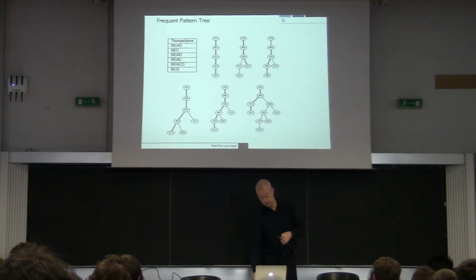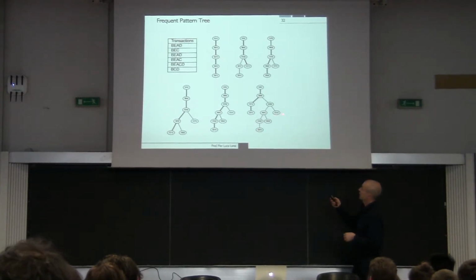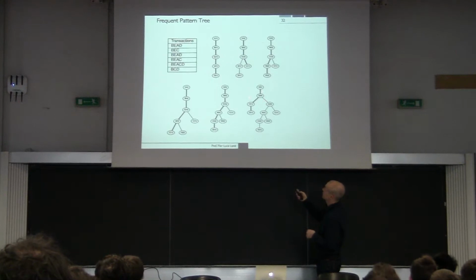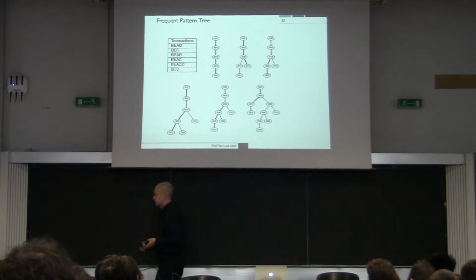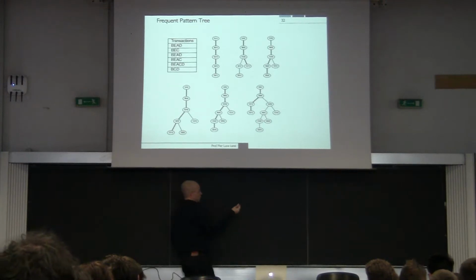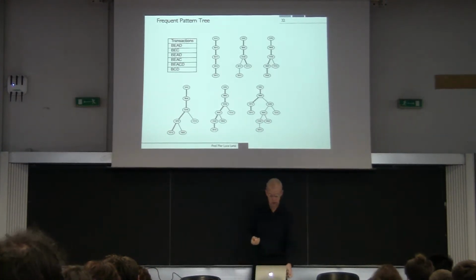Now, from this, that represents basically all the transactions, I start from the bottom, and I start to say, okay, I'm going to try to find the conditional frequent pattern tree, and I start with the ones that end with D. D is the least frequent one because it appears at the end, obviously.